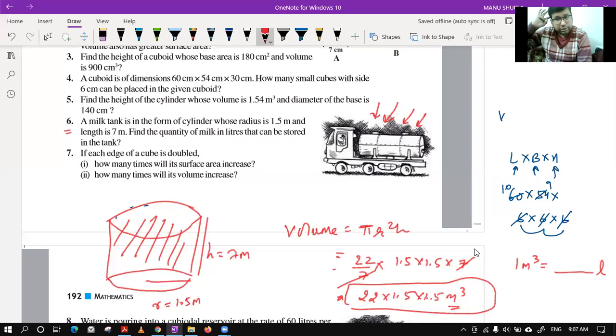Class, please confirm the relation. Yes, it is 1000 liters in 1 meter cube. So you will just multiply this thing by 1000 and you will get the answer, that many liters.